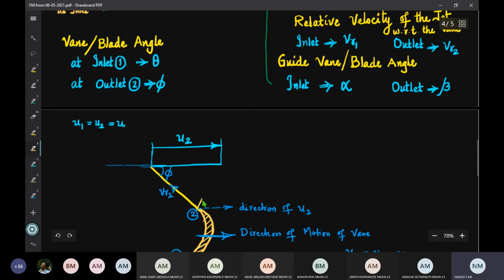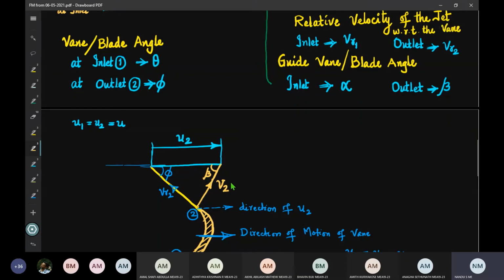That will complete our velocity triangle in this case. This closing side is the direction in which the velocity of the jet goes out.